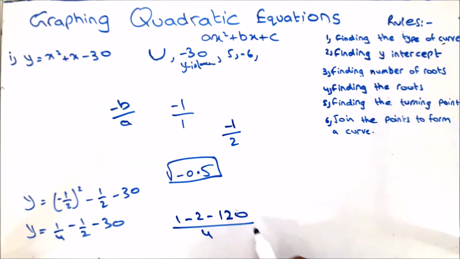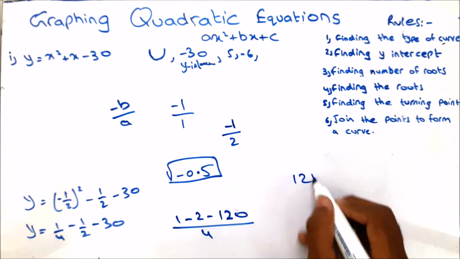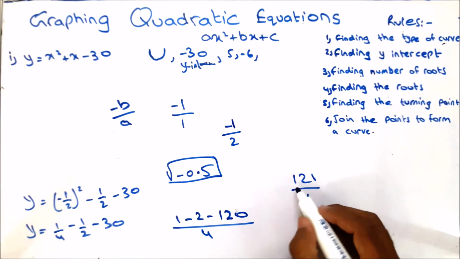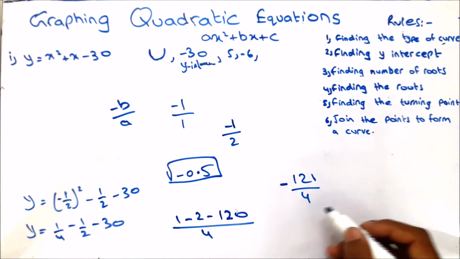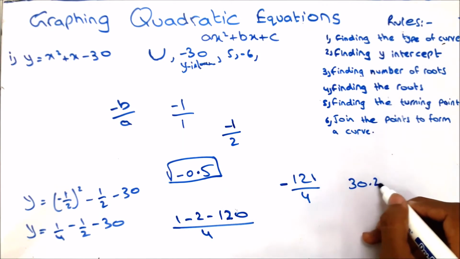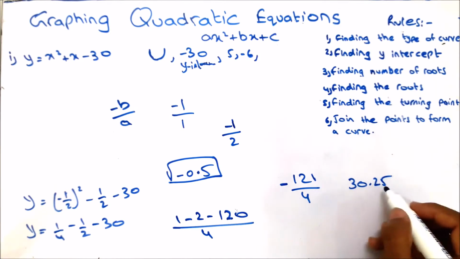We have minus 120. So what we have is minus 121 divided by 4. That's somewhat near minus 30.25.